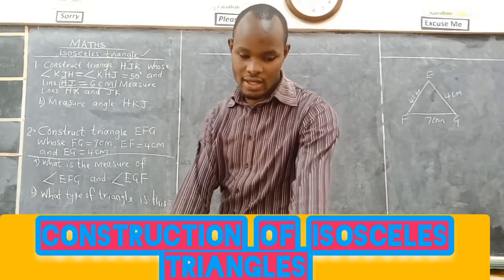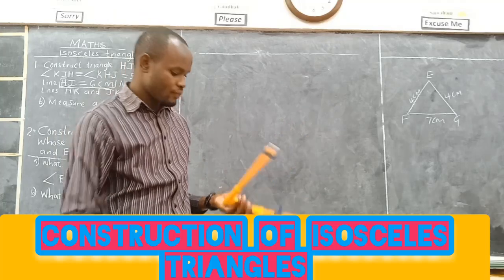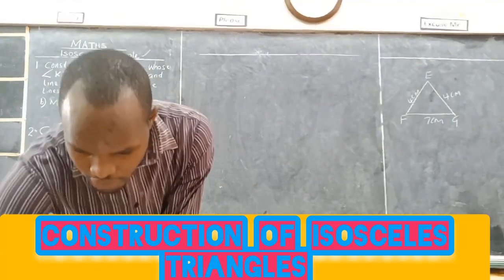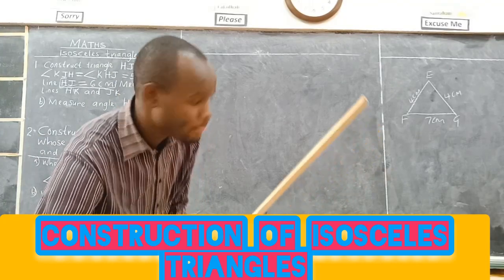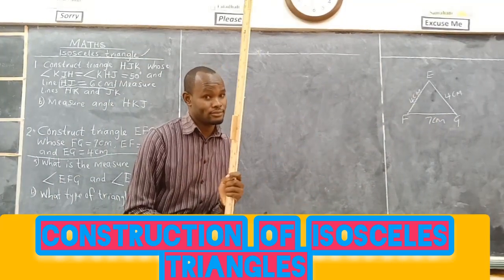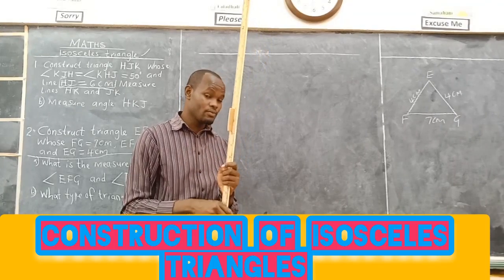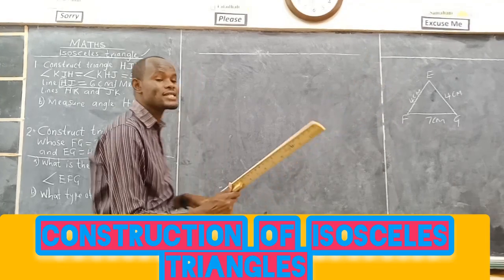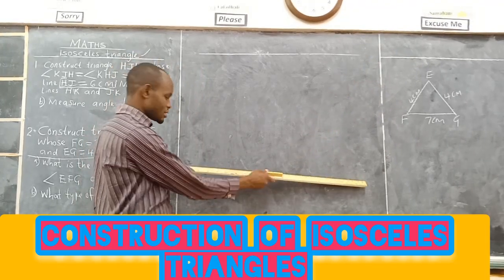Let us move together. The first thing is to draw the bottom line, which is FG. Get your ruler and your pencil, then draw the bottom line, FG.